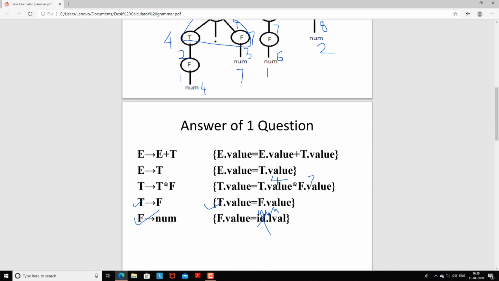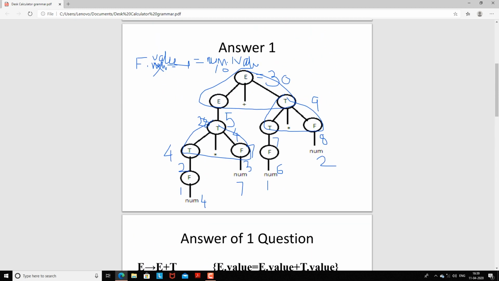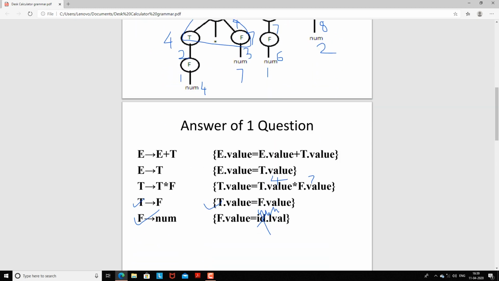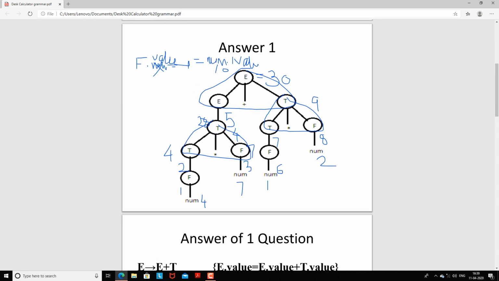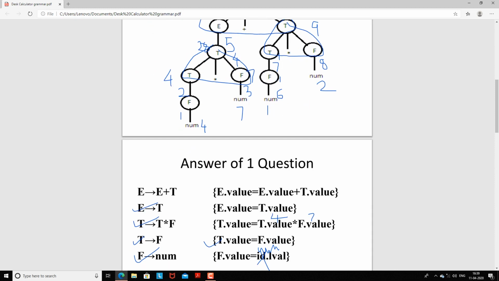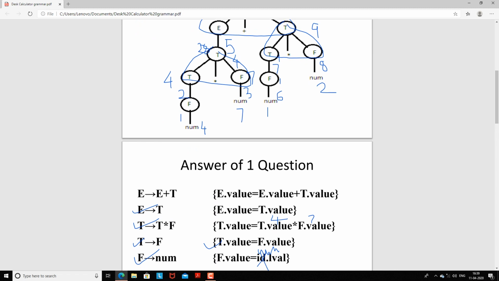The next SDT is that the value of the T node is directly assigned to the node E. So this SDT is designed. We have already designed 4 SDT rules, and then we move here, where the SDT is already designed, so the value 1 is stored here. Then the same value is stored here with the help of this reduction rule.